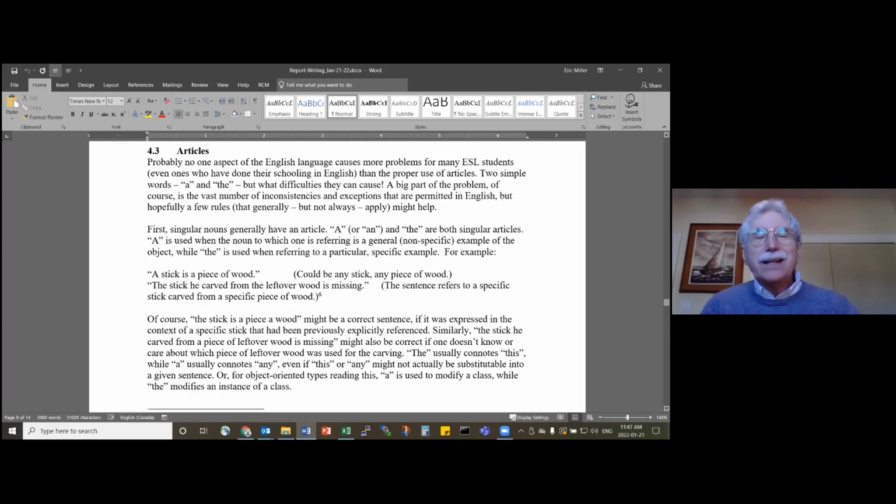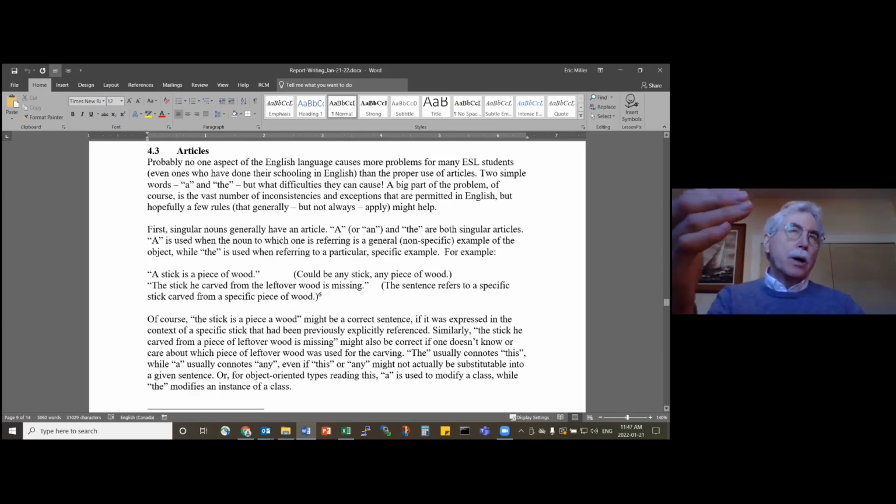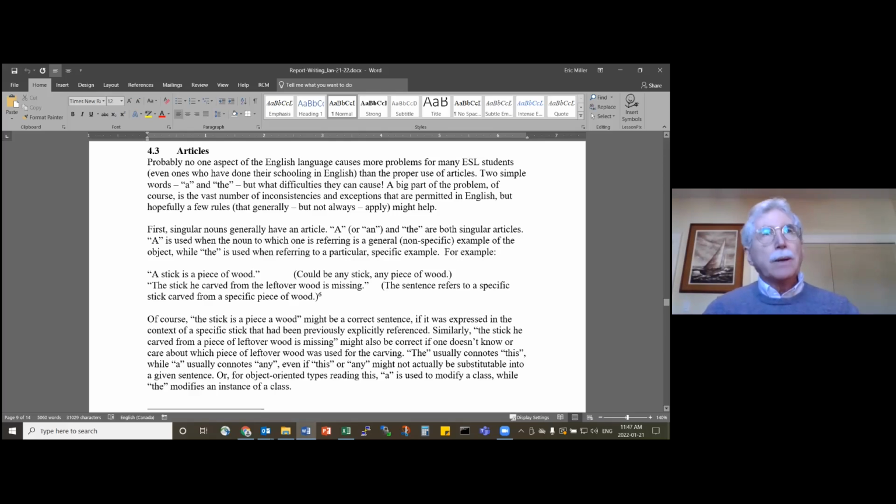But dealing with these two simple, stupid little words is really challenging. And this ties into singular and plural. The usage of the articles ties directly into the question of singular versus plural. Generally, in English, singular nouns should always have an article. And I'll talk about exceptions, or big exceptions.